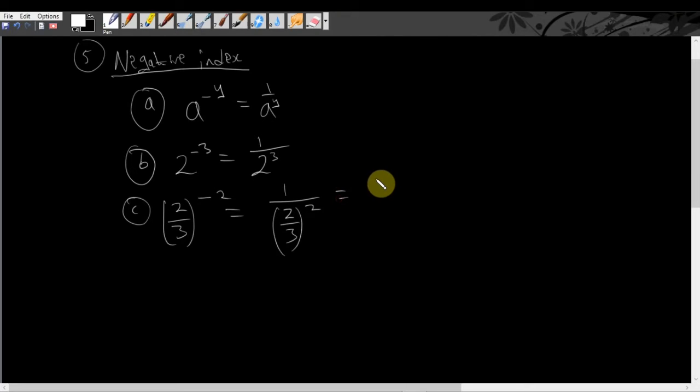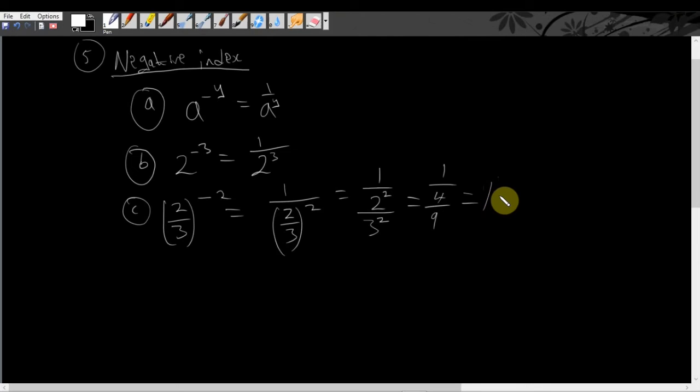So how do you solve this? This becomes 1 over 2 to the power 2 over 3 to the power 2, because the 2 is for all of them. I want to take it gradually. 2 to the power 2 is 4, 3 to the power 2 is 9. Let's do it in a way everybody will understand.